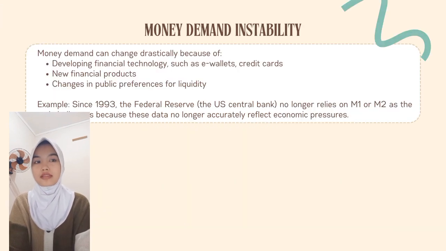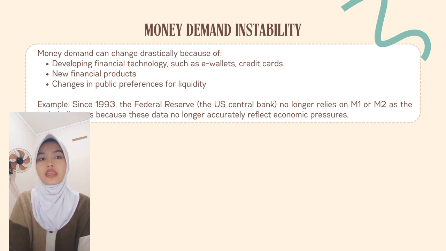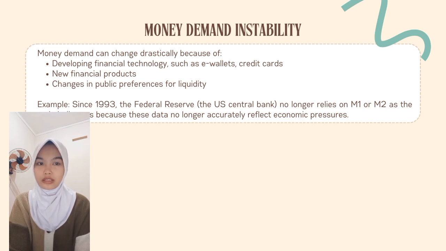Money demand and stability. Money demand can change drastically because of: 1. Developing financial technology, such as e-wallets and credit cards. 2. New financial products. 3. Changes in public preference for liquidity.